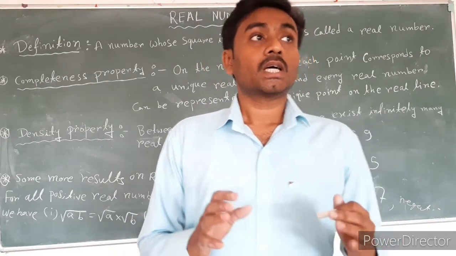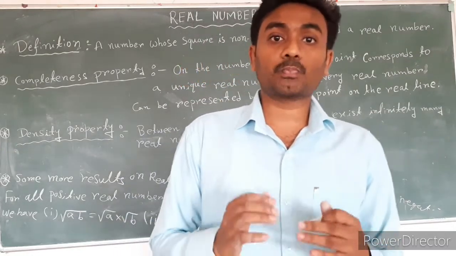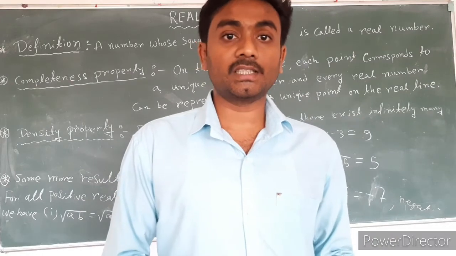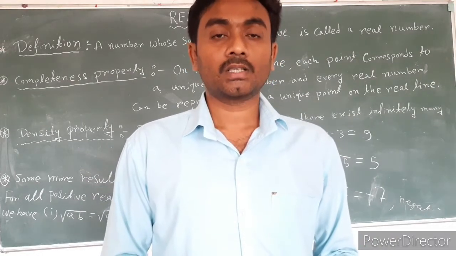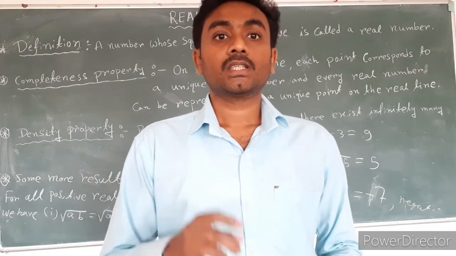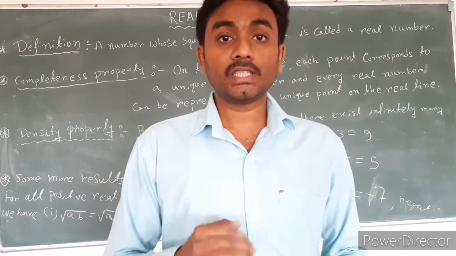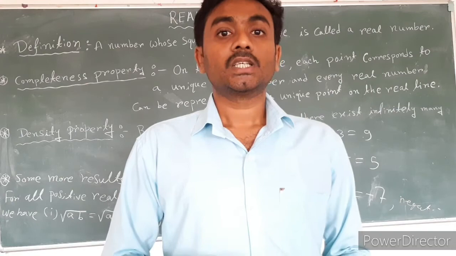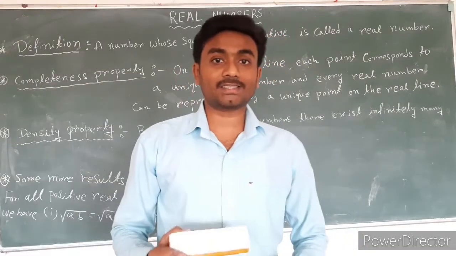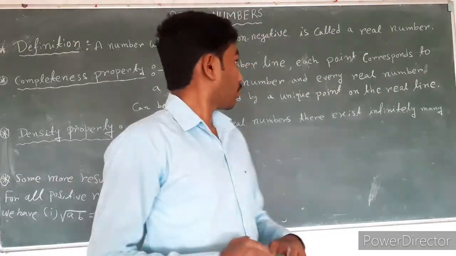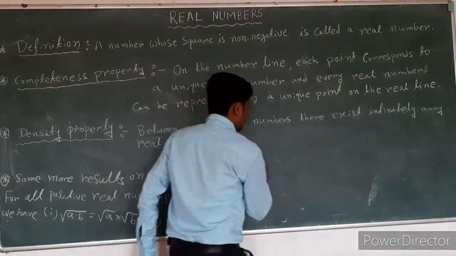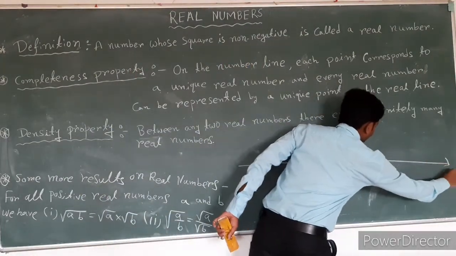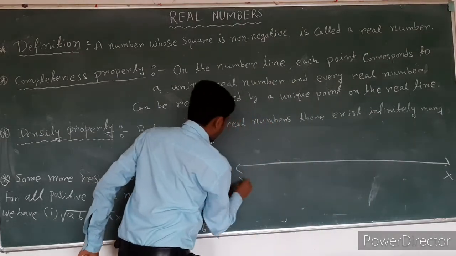So each point on a real line corresponds to a unique real number. Conversely, each real number can be represented uniquely. To understand the completeness property, first we draw a real line, that is X and X dash.